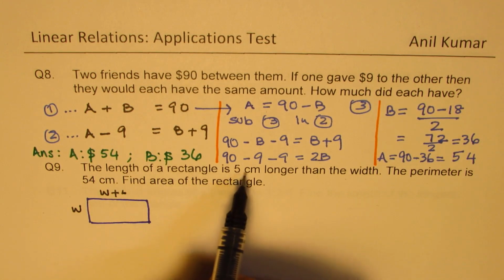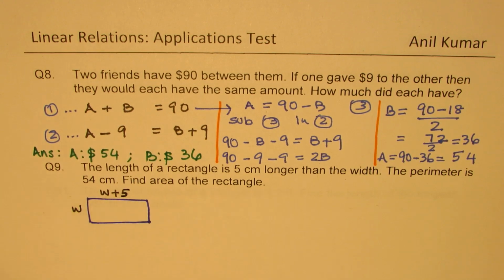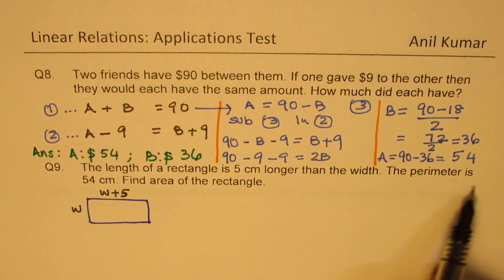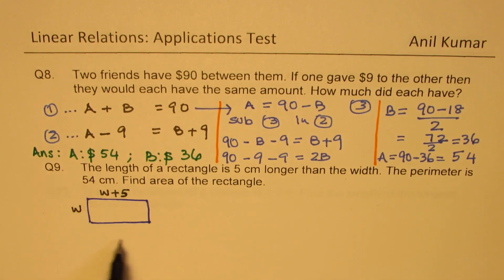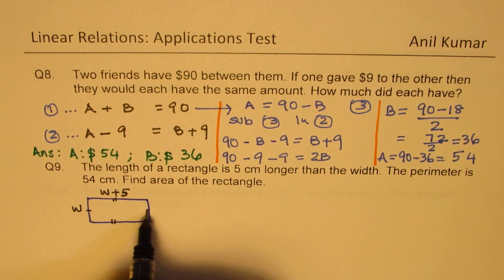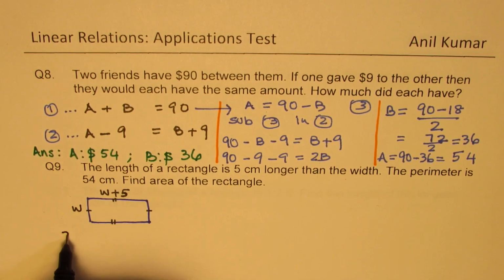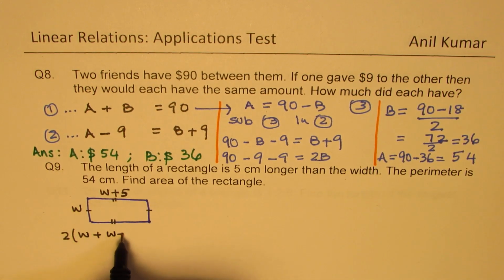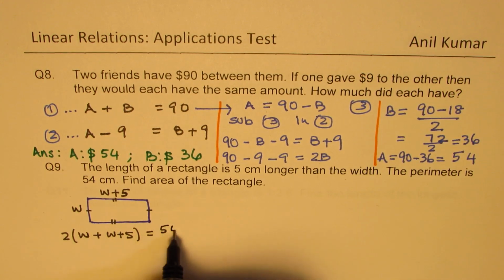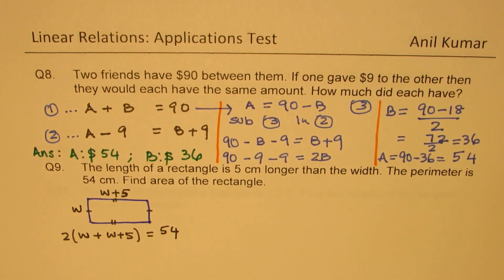Length of the rectangle is 5 centimeters longer, not times, 5 centimeters longer. The perimeter is 54. Now perimeter is the sum of all the sides. So in a rectangle, these opposite sides are equal. So we are saying 2 times this plus that. That is the perimeter, and this is equal to 54, right? So that is how we get our equation.